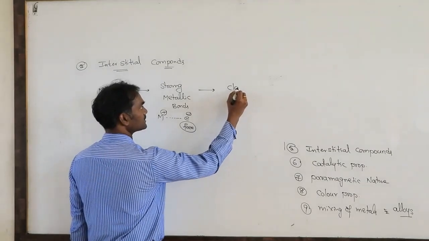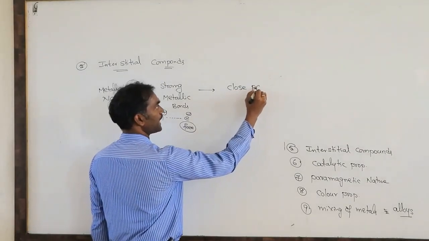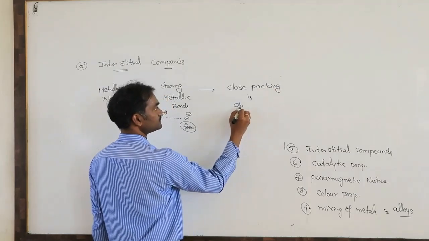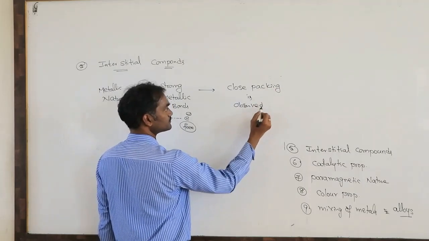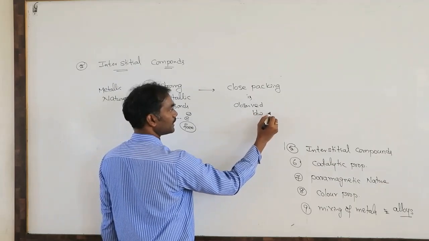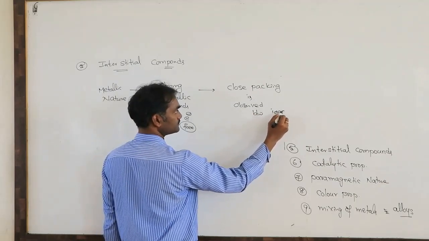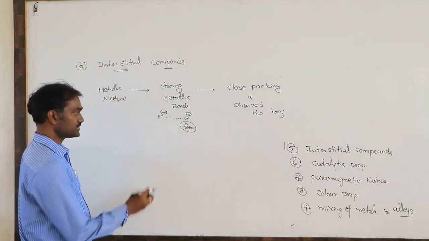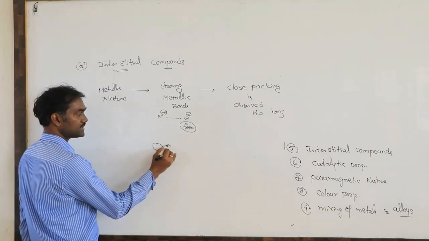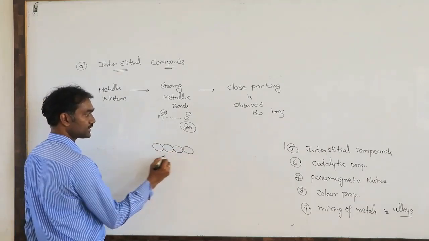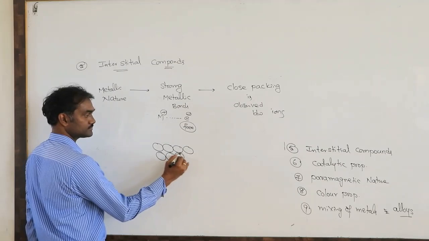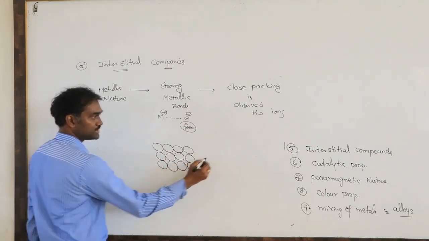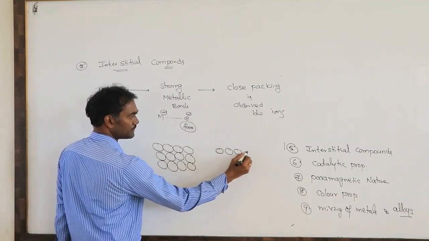Then what happens here? Close packing is observed between ions. Close packing is observed between the ions means they come close to each other, so they can be arranged in different manners.